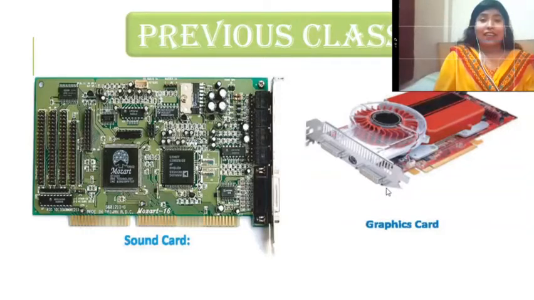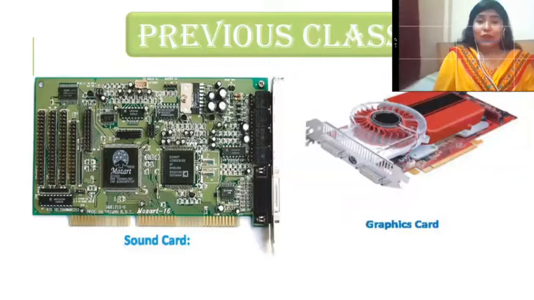Graphics card is one of the important devices, because whatever we can see on the monitor, it is because of this graphics card, which helps the computer to show the pictures, videos, images. So without a graphics card, we can't see the photos, images or videos on the computer.